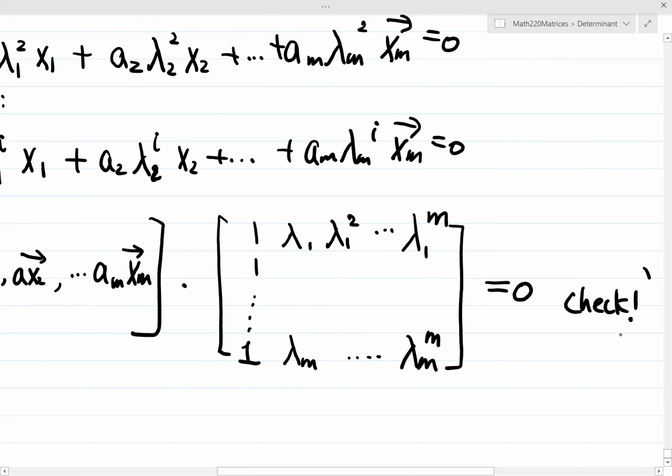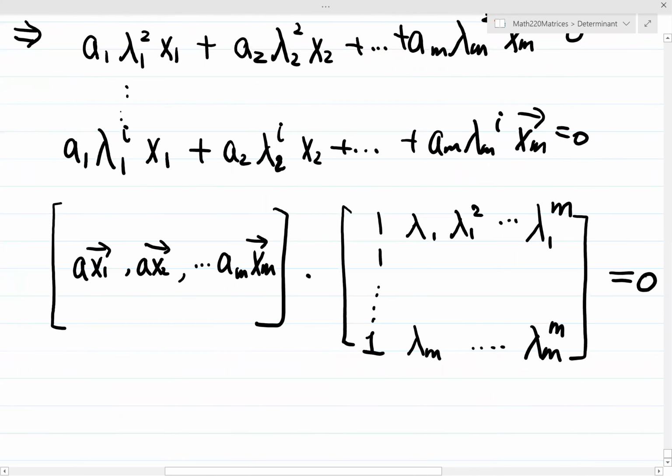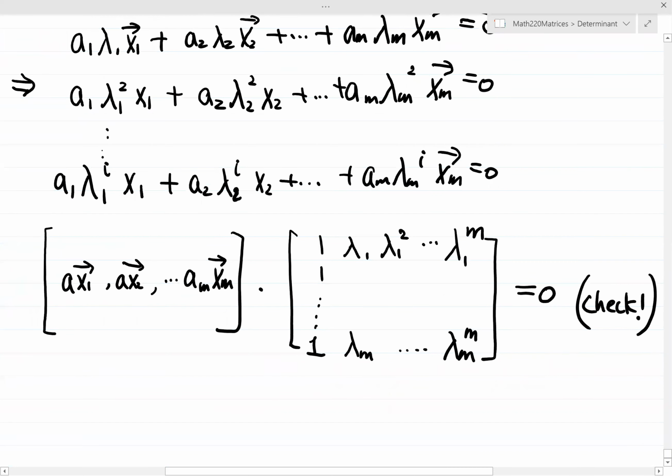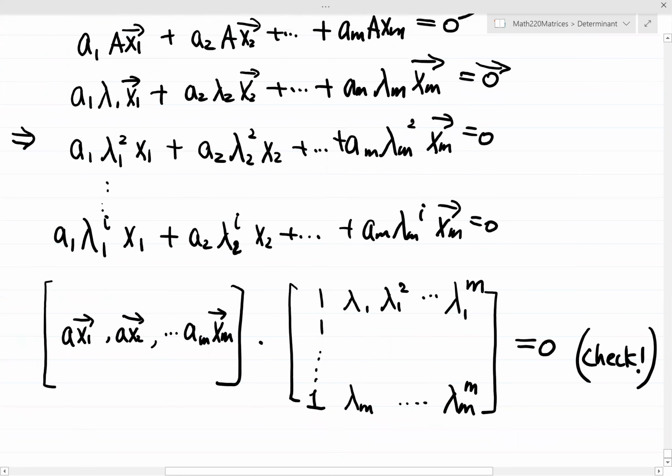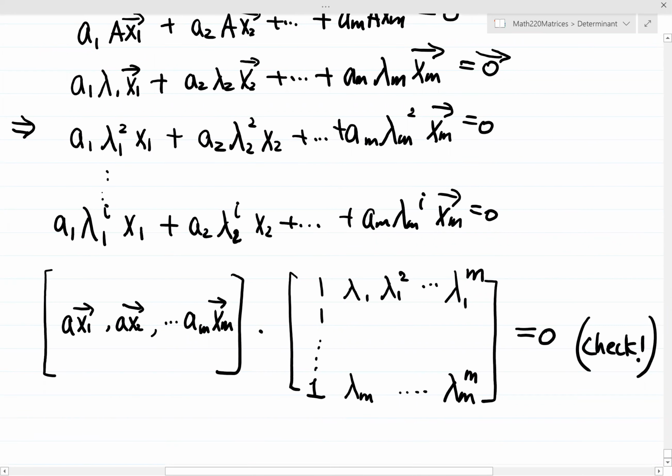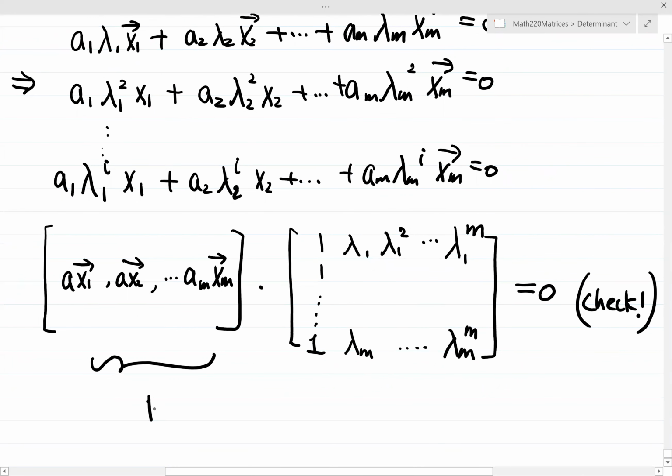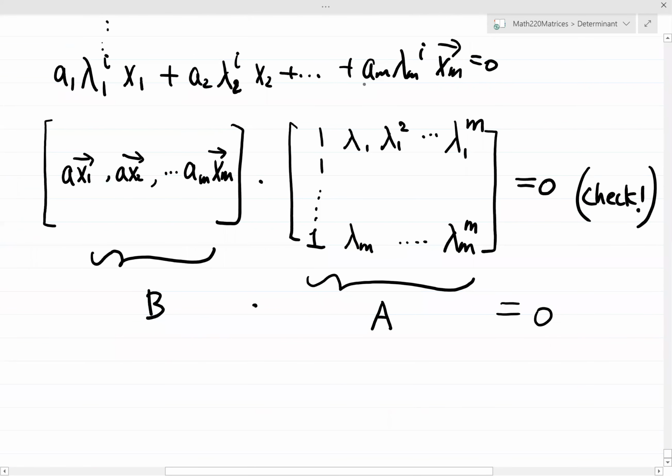Check this. Okay, so the above equations can be written exactly in this manner. If you write this as matrix B and this as matrix A, then B times A is 0. Here A is invertible because it is a Vandermonde matrix.